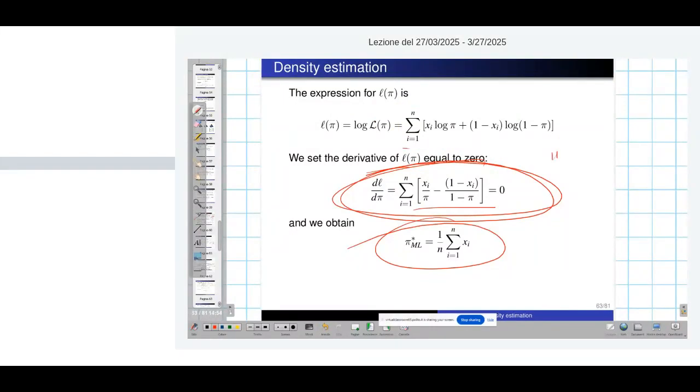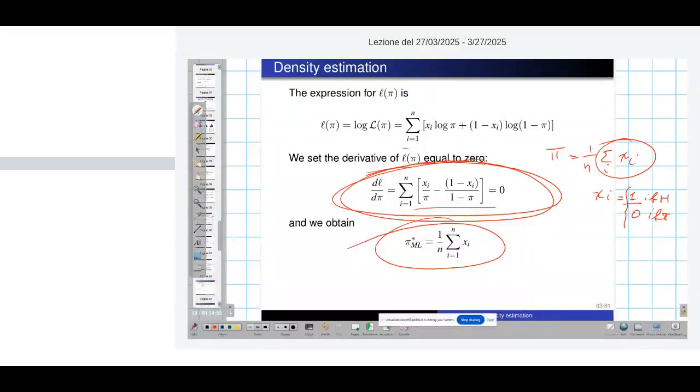The solution for pi is 1 over n sum over i of xi. But remember that xi is 1 if I have head, 0 if I have tail. So what is the sum of xi?